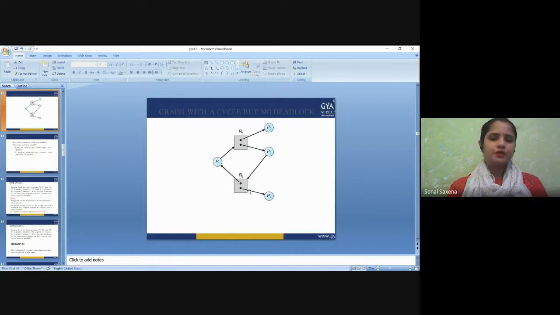Whenever this resource is released, the P1 process is going to execute. So no process is going into the deadlock condition here. This is a simple case where a cycle can be there, but there is no deadlock condition.